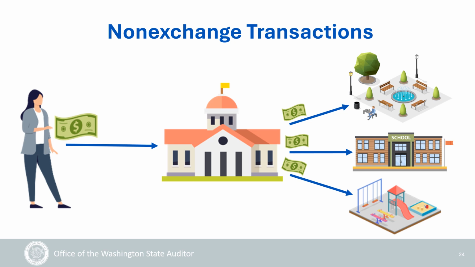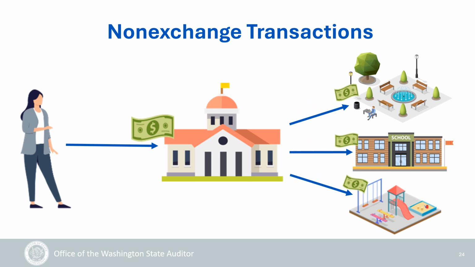Let's think about how governments are funded. They do charge for some services, but usually the majority of their funding comes from taxes, grants, and other governments. Think about the property tax you pay. You give the government your money, and they use it to provide all sorts of public services, like parks, public spaces, schools, and playgrounds.